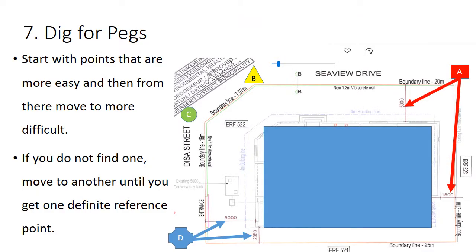Ultimately you must start to dig for the points, and I started with the points where it is easier, and then moved on to the next one. If you do not find one, you move on to the others.